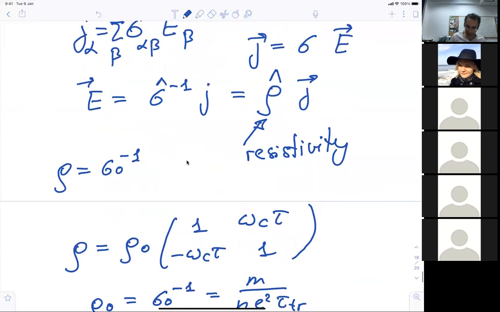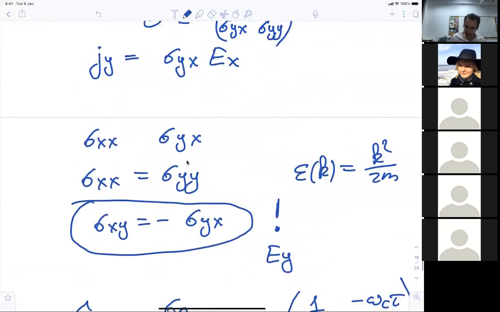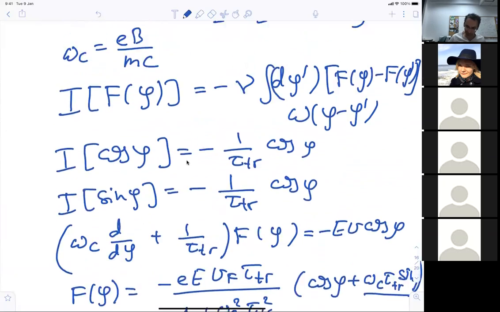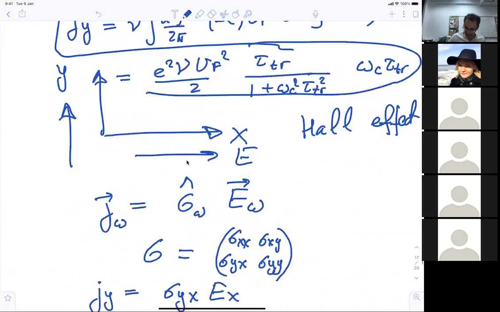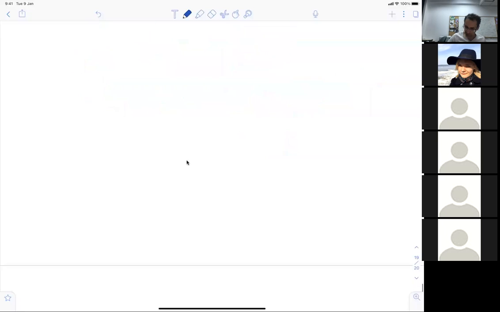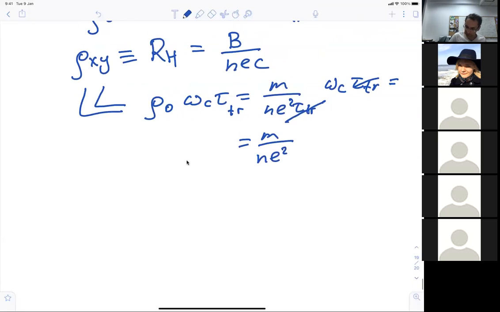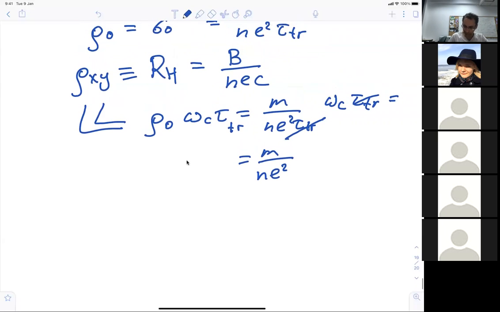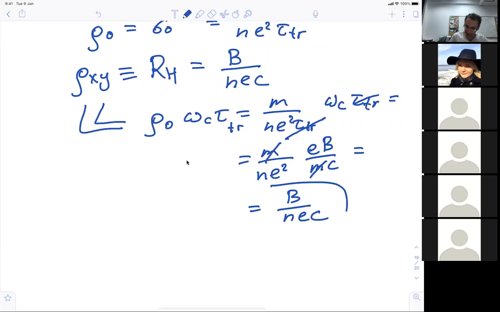I'm just checking that I didn't make any mistake. Omega c is defined as eB over mc. So it's eB over mc, the m drops, and I'm getting B over n e c, correct.